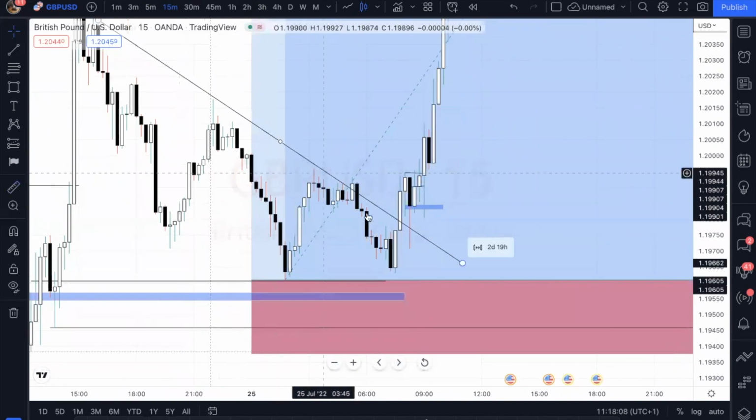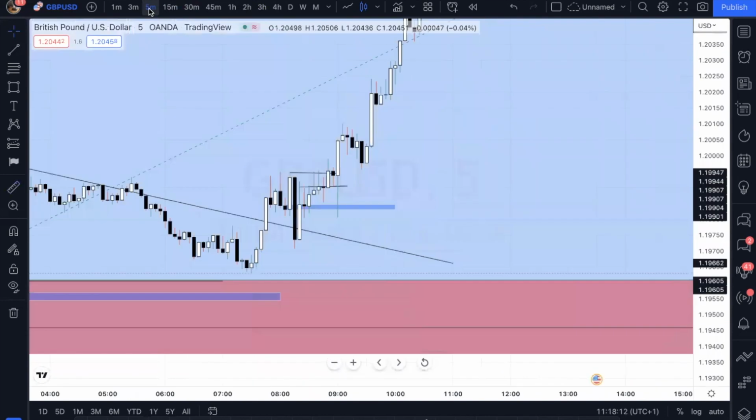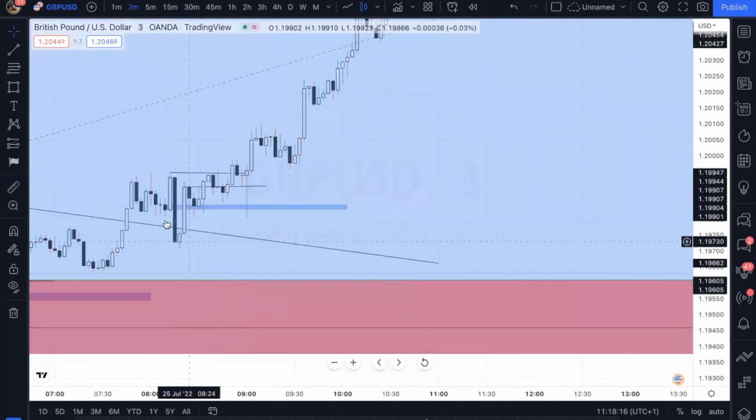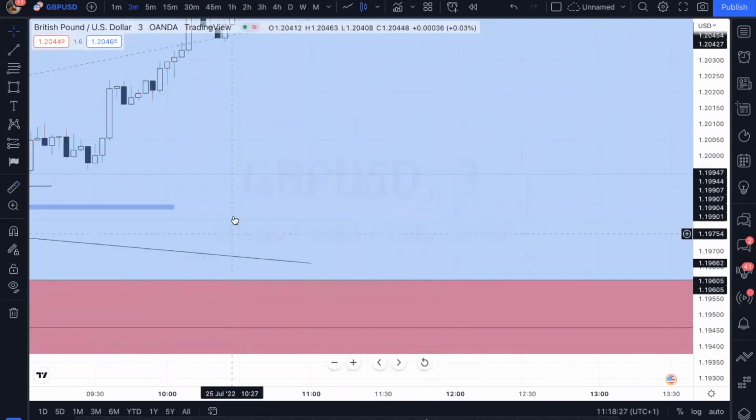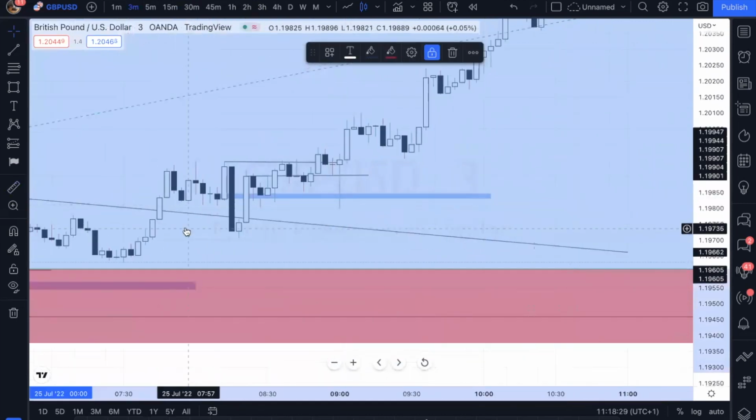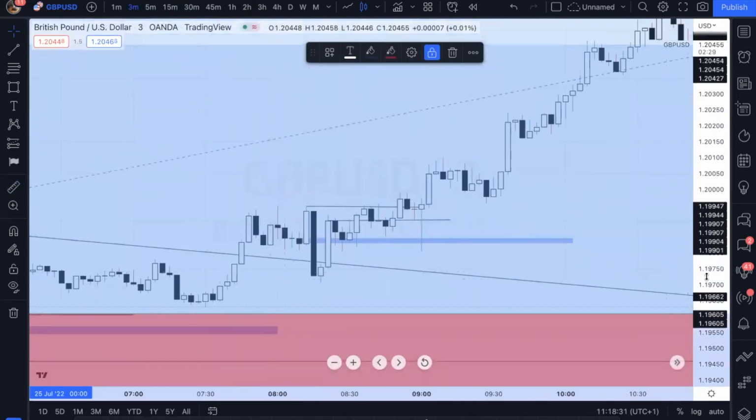Now, price broke this momentum trend line, so we can go to a lower time frame and find something good. In the same situation, we have a bearish engulfing suggesting strength in the downside and then it got broken. The same pattern that we saw on the 1 hour is being displayed here.